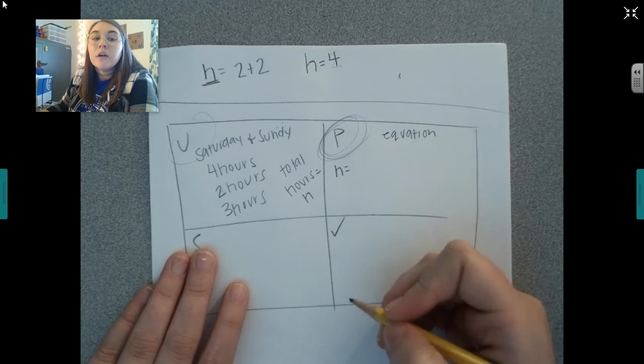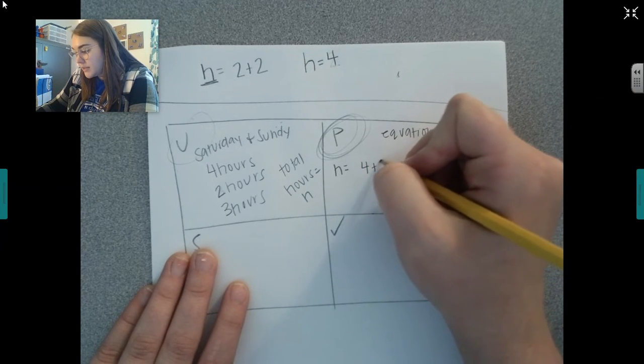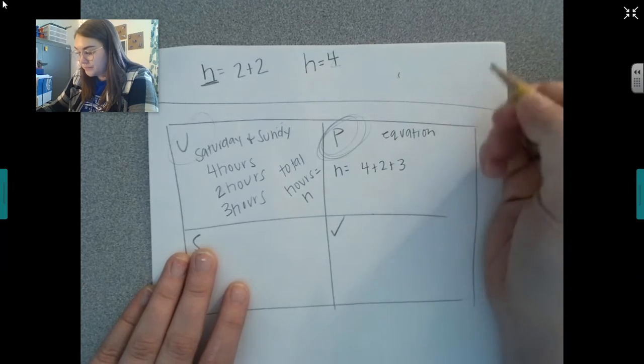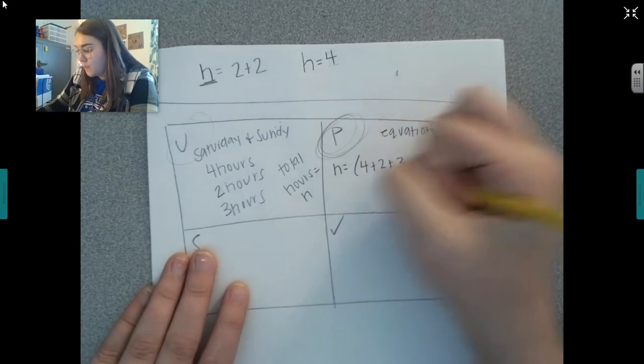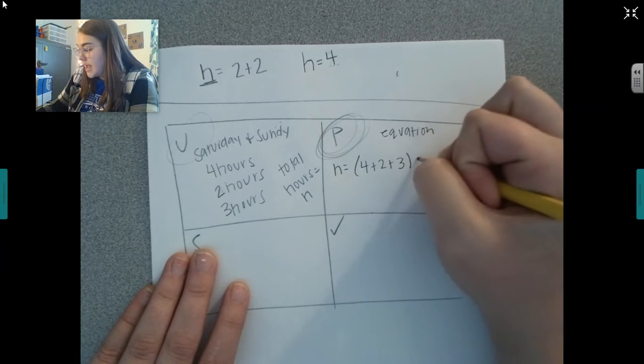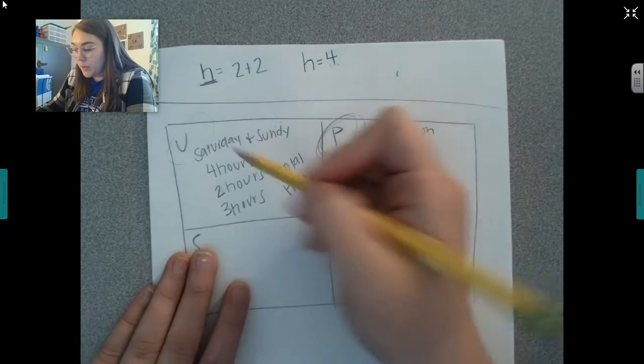Here's my thinking. For one day, I know I'm going to need to add 4 plus 2 plus 3. But I have 2 days. So if I take 4 plus 2 plus 3 and I multiply it by 2, will that give me the total for both days?